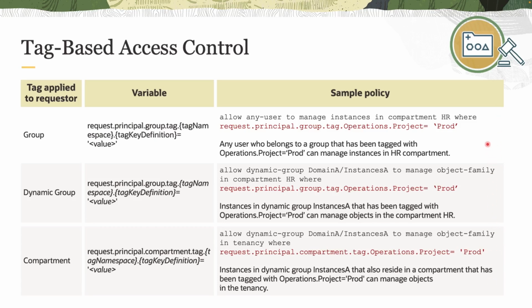In our first example, it allows any user to manage instances in the HR compartment, where the tag value for the group is set to production.